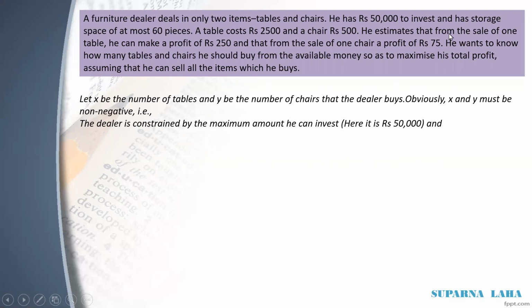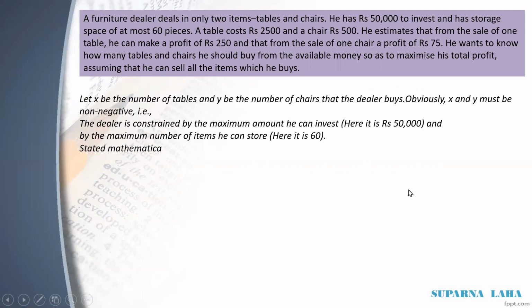The total cost will definitely not be greater than 50,000. It will always be less than or equal to 50,000. Okay. And the total number of chairs and tables, that is x plus y, is always less than or equal to 60, because he has a storage space of at most 60 pieces. So he can't buy more than 60 pieces.